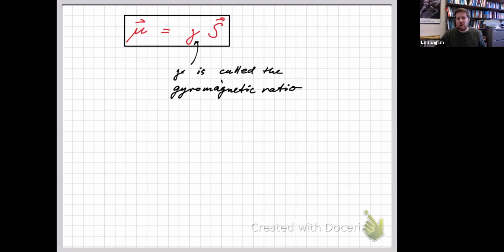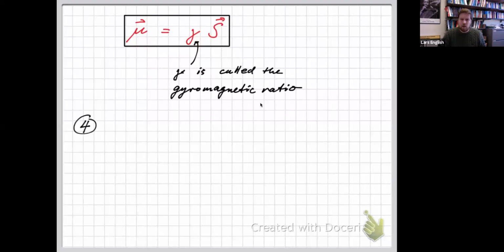Gyro here referring to spin and magnetic referring to mu. Gyromagnetic ratio, gamma rather, sorry, not mu, gamma. So gamma is the gyromagnetic ratio, just to be clear.